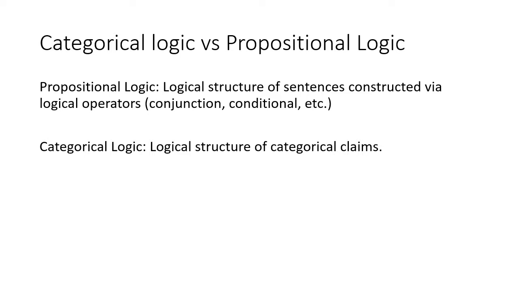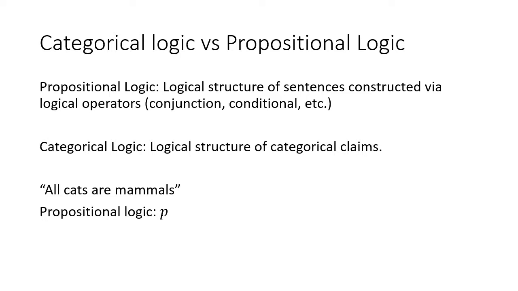So for instance, "all cats are mammals" is a categorical claim, and under propositional logic, the previous logic that we talked about, there's really no way to capture the interesting logical structure of this sentence. Under propositional logic, this would just get translated as P or Q or whatever. It's just an atomic sentence.